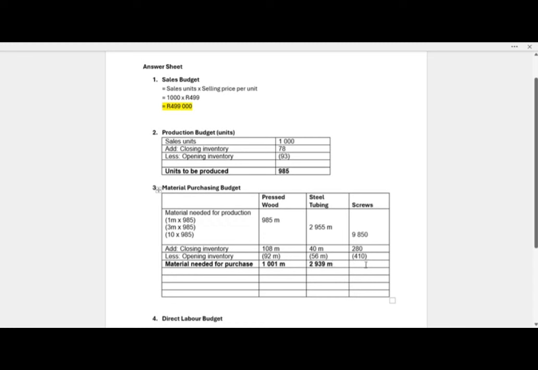All right, and then how many screws are needed to be purchased? You are going to say the number of screws is 9,850. You add 280 screws closing, you less opening 410.